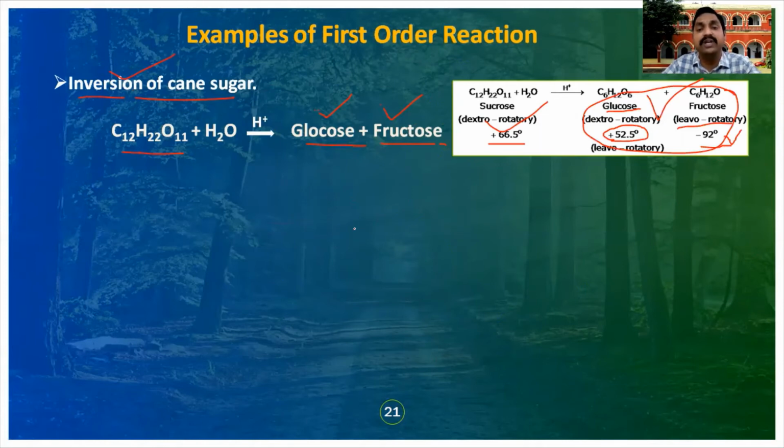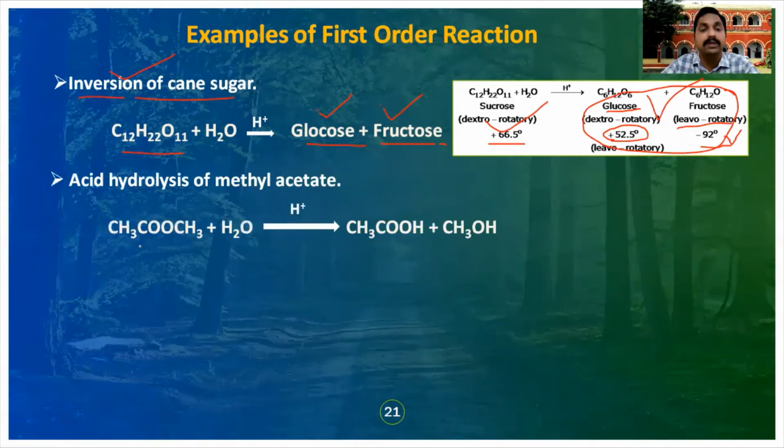Another example of first order reaction is acid hydrolysis of esters. The acid hydrolysis of esters also follows first order kinetics. Thus here the methyl acetate hydrolysis reaction, if you take, is a first order reaction.